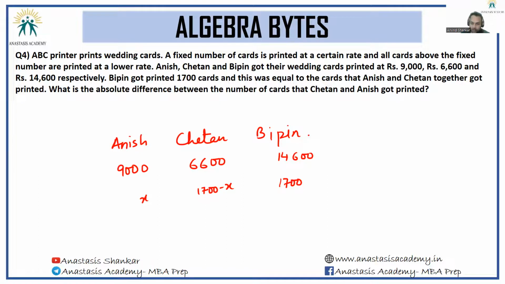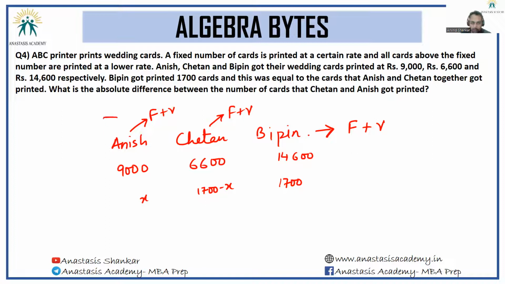Here, can you see Bipin's cost is equivalent to some fixed charge plus some portion of variable pay. For Chetan, you also have fixed cost plus some portion of variable pay. For Anish, you have fixed cost plus some portion of variable pay.